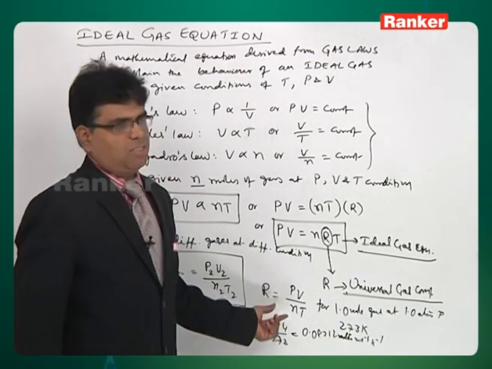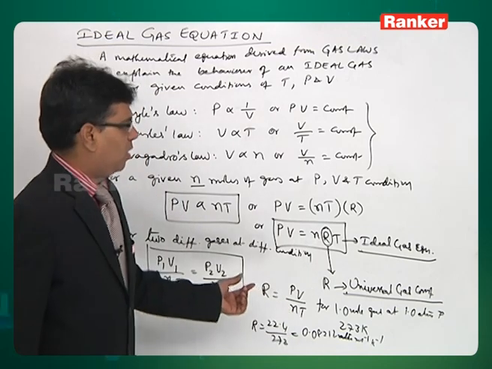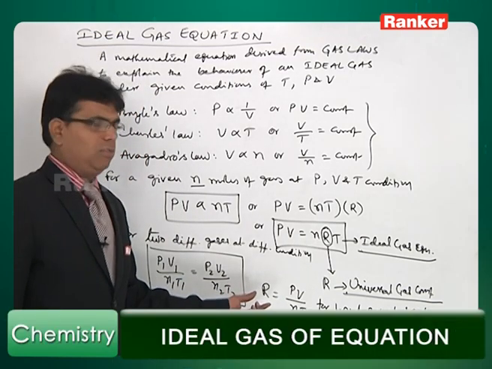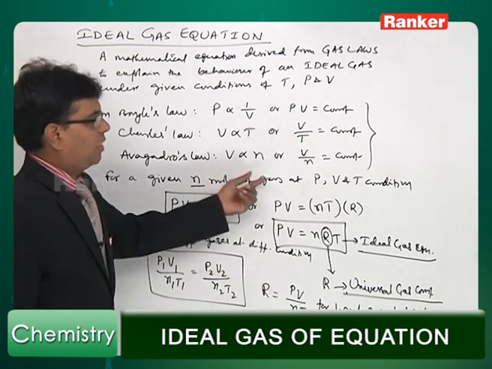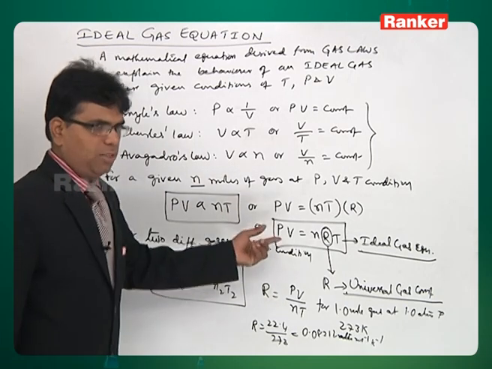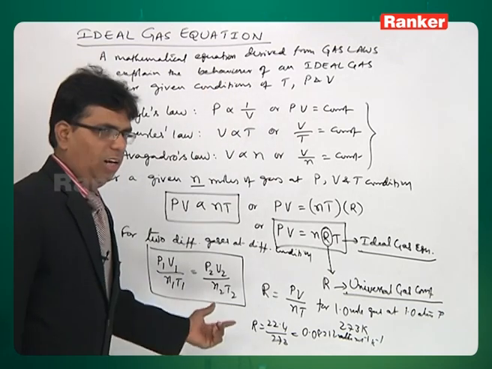Then what is the significance of this value of R and how does it vary? How do we give it in different units, and what are the other different ways that we can arrange this ideal gas equation, that we discuss now.